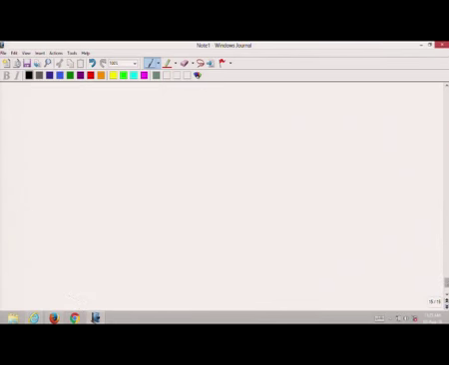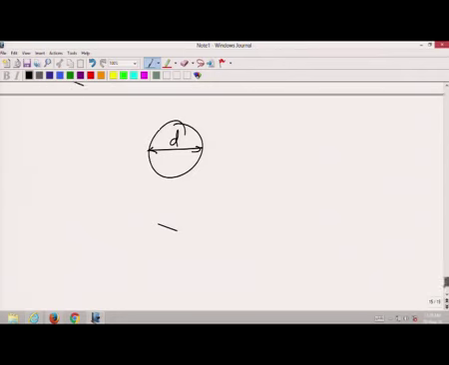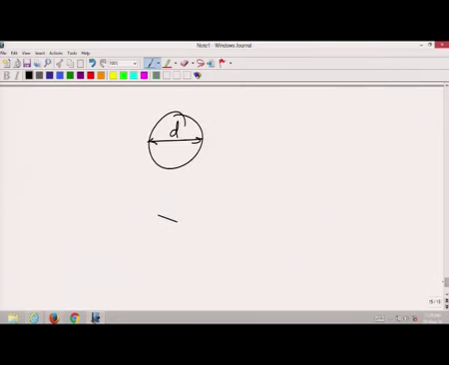So, we have a planet whose diameter is d, and we want to measure this diameter from a point on the earth.